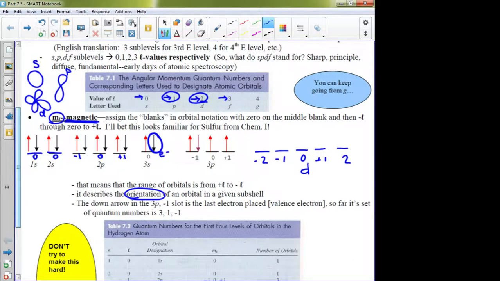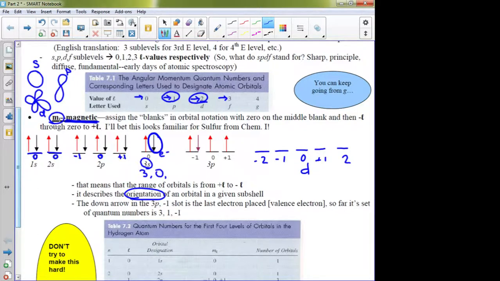So N is equal to 3. How do I know? Because it's in the 3S. Where do we get N from? The number. So that's 3. What shape is this? S, right? So what's L equal to? 0. So I write L.